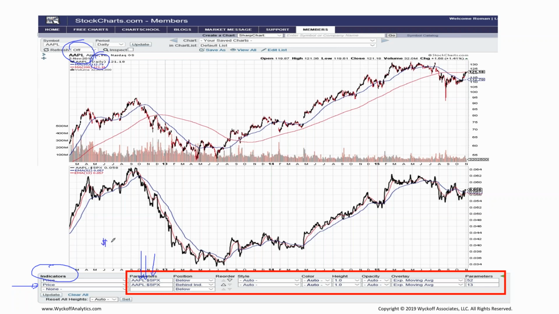You could write the $ symbol, division sign, and then a market proxy. So for instance, I could say S&P 500, $SPX. And then on all of the charts, whatever symbol I'm going to enter there automatically is going to create the relative strength ratio price line for that symbol in the S&P. And this is how it's going to look.